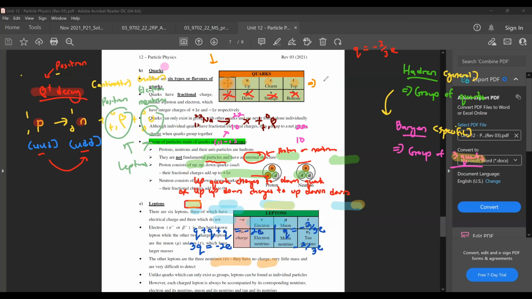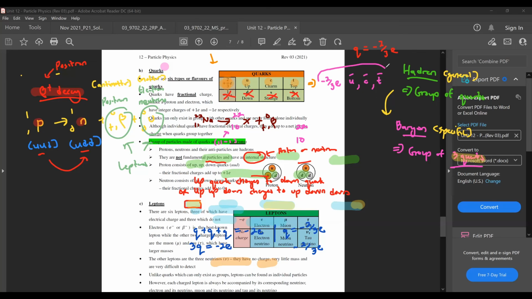This one is if you're talking about the antimatter particles, the antiparticles. So you need to have anti-up quark, anti-charm quark, or anti-top quark.